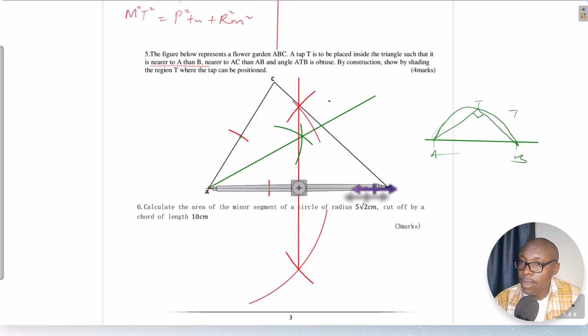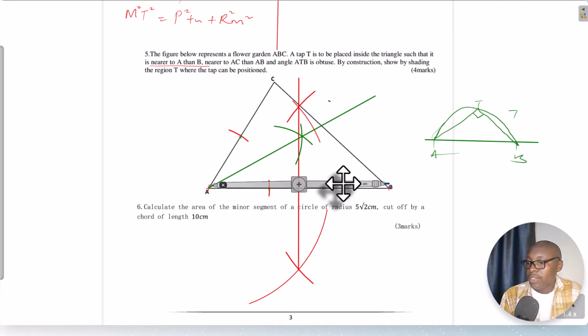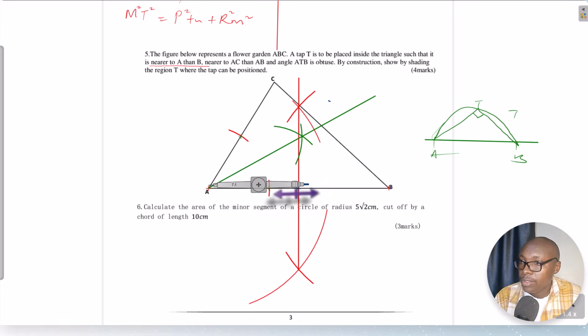That is 12.9, supposed to be around that. Half of 12.9, so that I can draw that circle, will be around 6.5, around there.